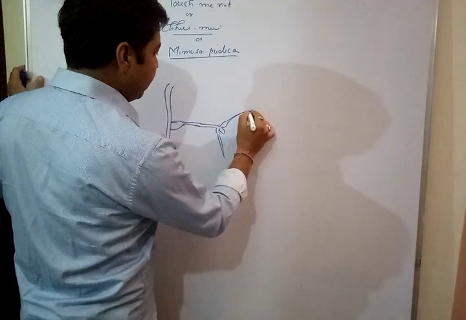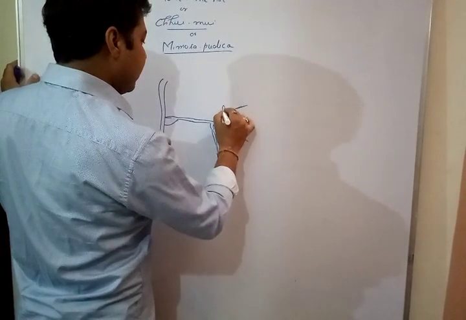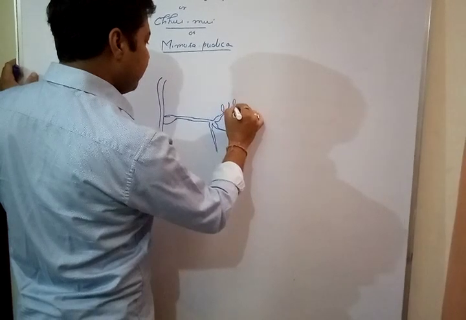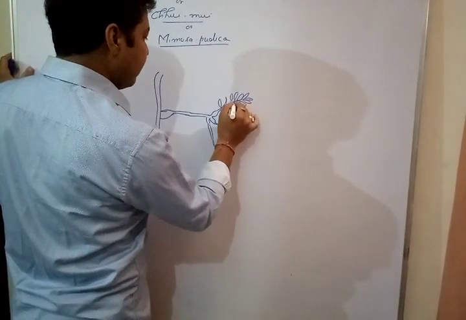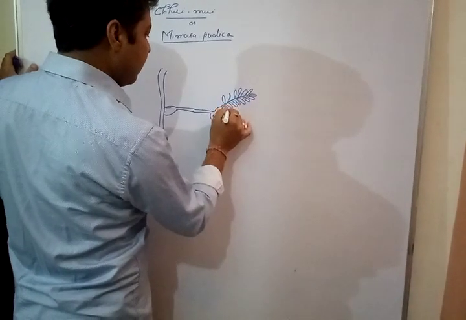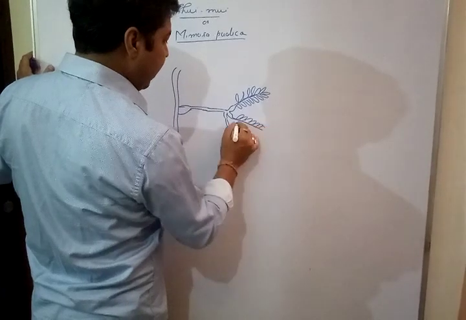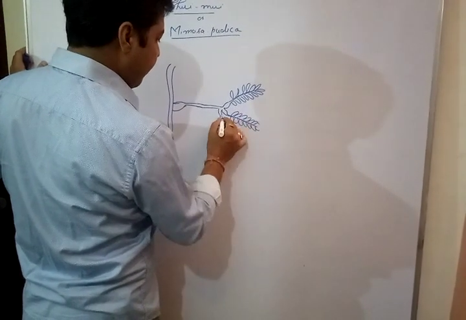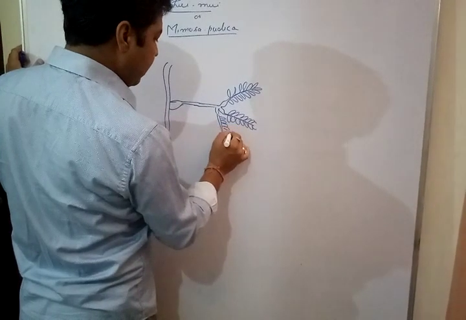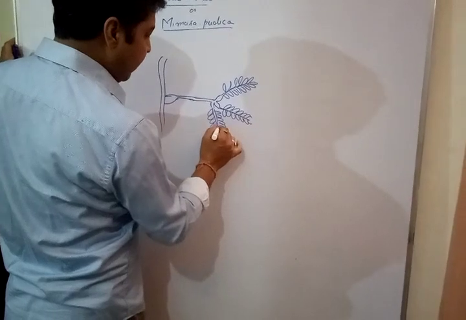These are the leaves, and so many leaves are present. You can compare these leaves to neem leaves. The diagram is also given in your textbook.